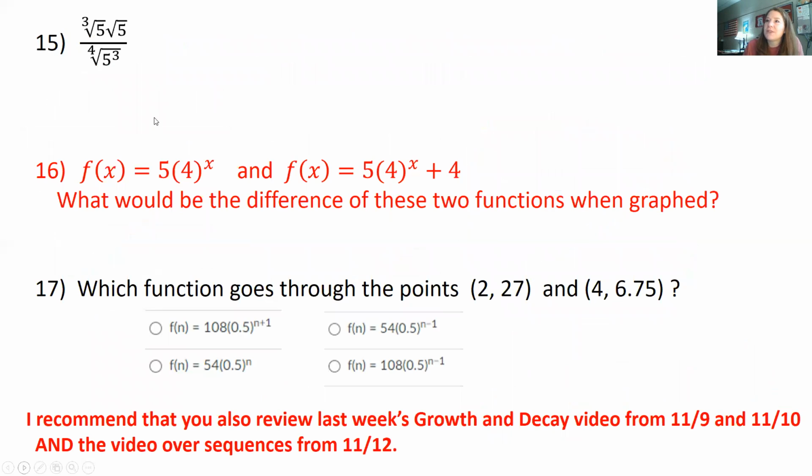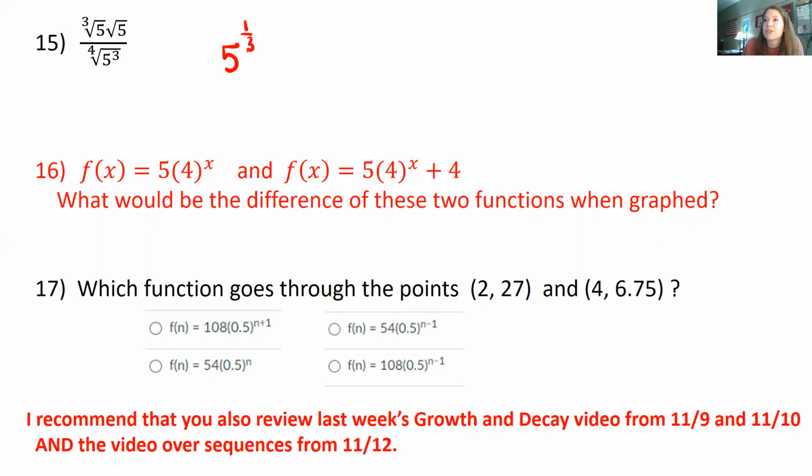All right, number 15. So we have to convert all this stuff to exponential functions in order to multiply the top and then divide by the denominator. So we're going to turn that first 5 into a base of 5, raised to the numerator, which is 1 because that's the first power. So this is 5 to the 1/3.